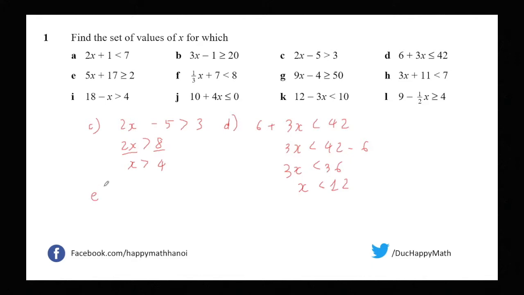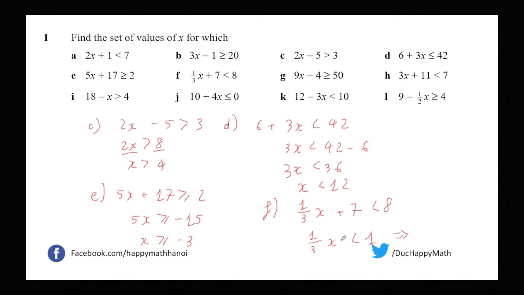Question E. You can work by yourself and compare with my result. Minus 15, because you have 2 minus 17 here, and x will be greater than or equal to minus 3. Okay. Question F: less than 8, so it means less than 1.